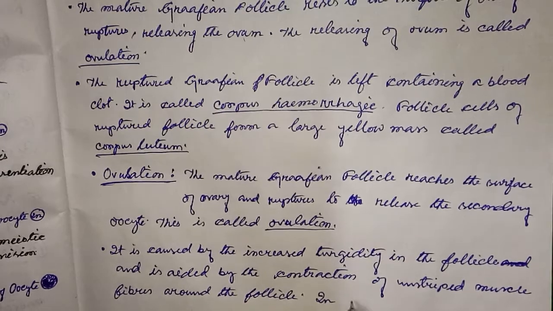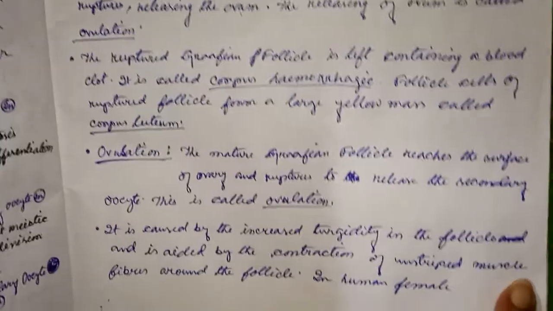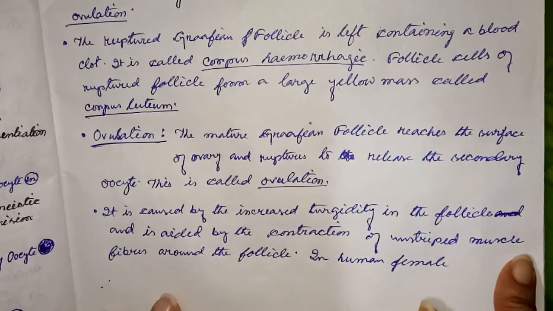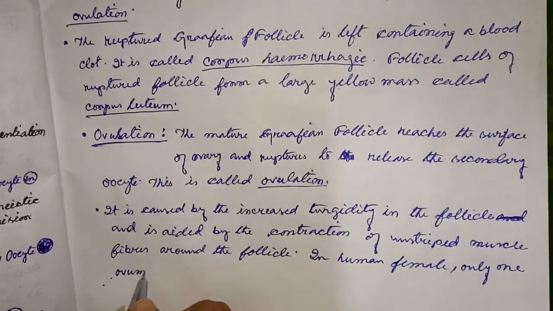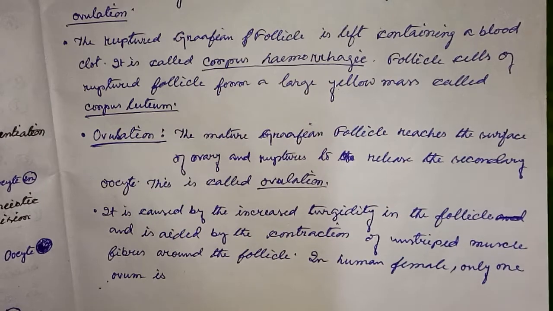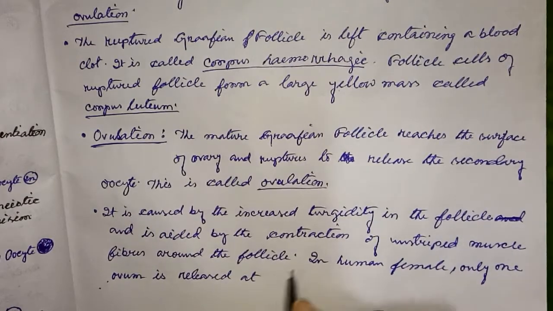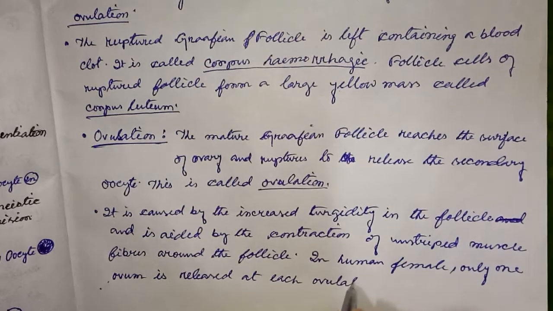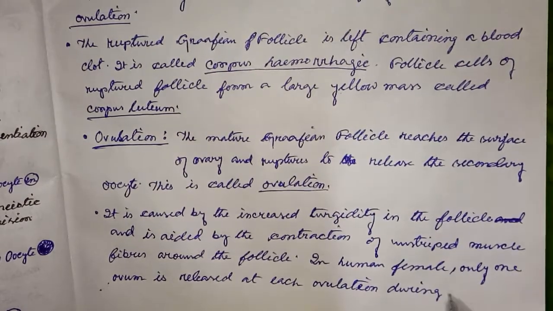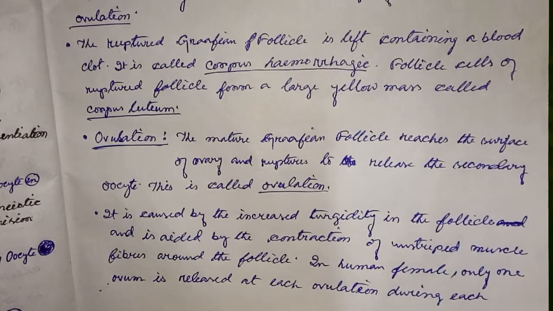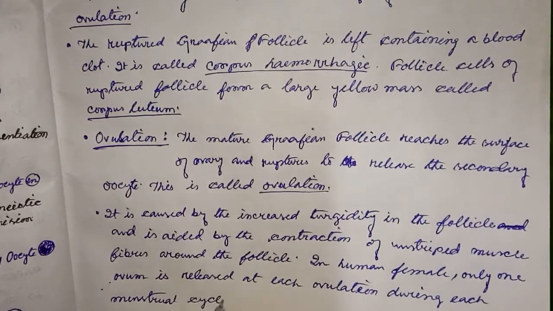In human female, only one ovum is released at each ovulation, during each menstrual cycle.